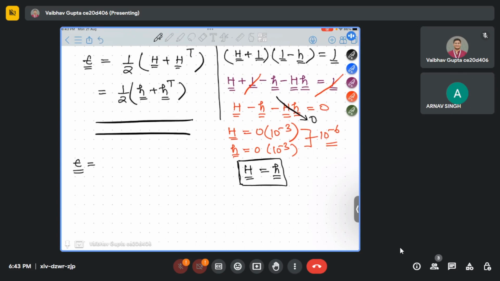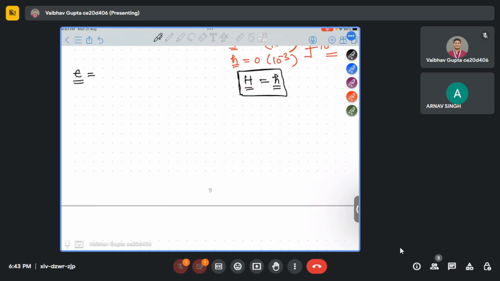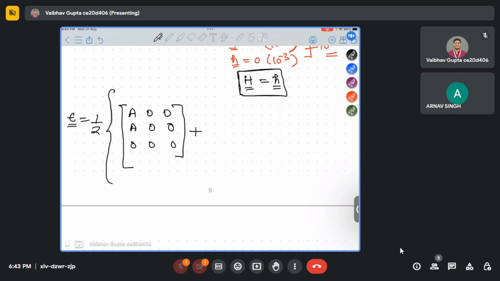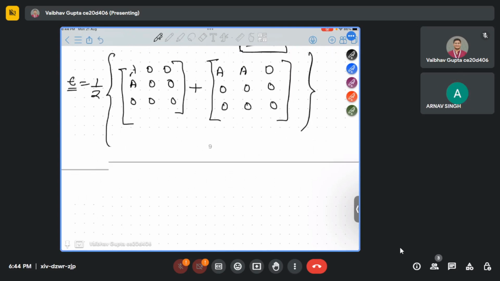What is our H matrix there? I'll write here. So the strain matrix is nothing but half of (H plus H transpose), where H is capital H with entries A, 0, 0 and zeros elsewhere.